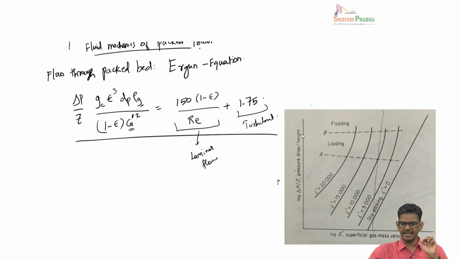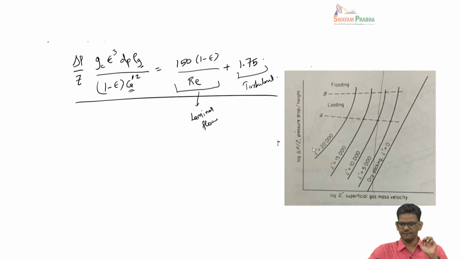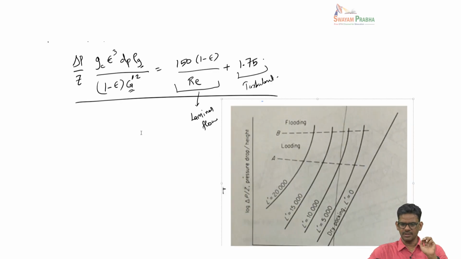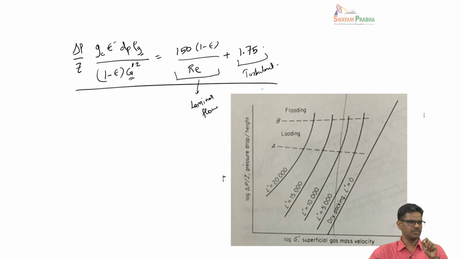This particular diagram illustrates schematically how the pressure drop develops when you have a flow through a packed column in which both gas and liquid are flowing through a fixed bed height.